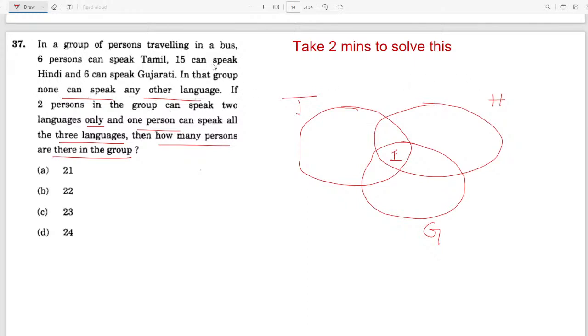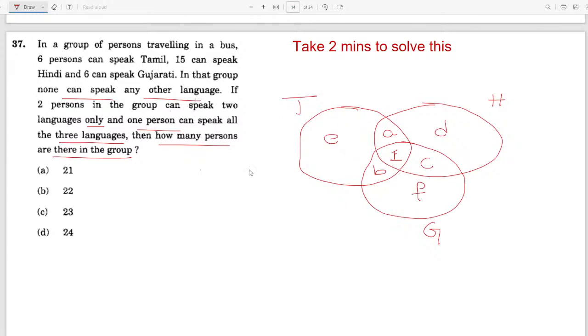So no one can speak any other languages, and they're asking how many persons are there in the group. And here we'll go one by one. If 2 persons in the group can speak 2 languages only, so let this be A, let this be B, this is C, this is D, E, and F.